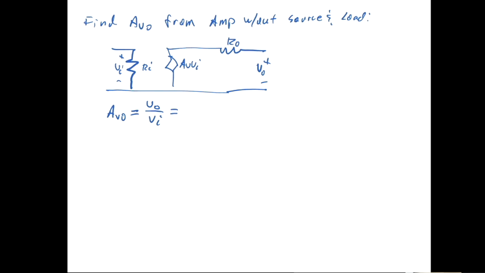Oops, I guess I should call that AV naught. Call it right there, because we will get all with an open circuit load. We'll get all of V out will be exactly this. It's AV naught times VI.